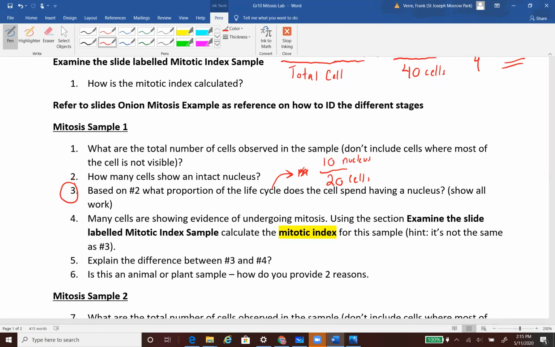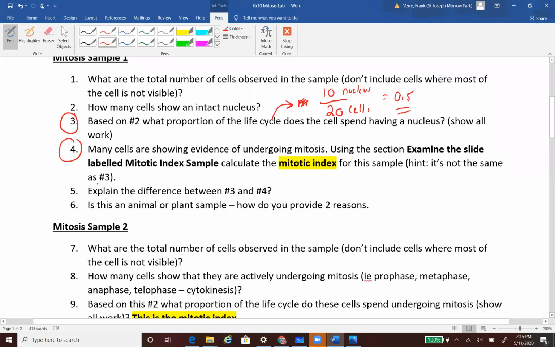It's the number of cells over the total number, right? So in this case, I'm not saying this is the answer, by the way, I'm just giving you an example, this would be 0.5. So the way you calculate number 3 is exactly the same way that you calculate number 4, okay? And then you answer the follow-up questions.